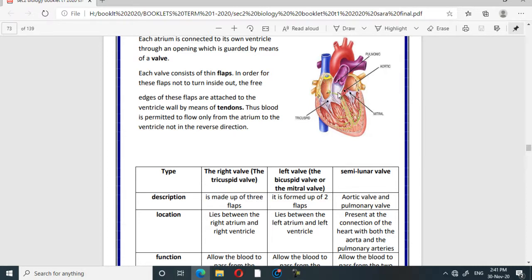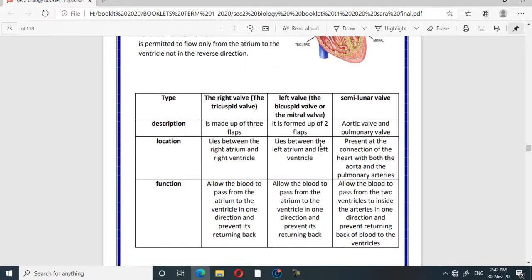Also we have two valves between the ventricle and the arteries, called semilunar valves, the aortic valve and the pulmonary valve, connecting the heart with both the aorta and pulmonary artery.